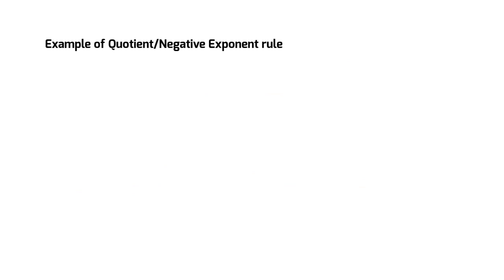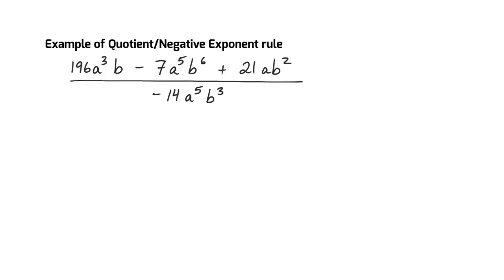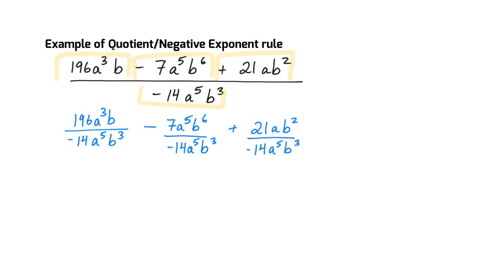Let's take a look at an example of what that looks like when we are simplifying polynomials. The first thing I notice is that my numerator is a trinomial. There are 3 terms in the top. Before I start to simplify, I want to separate these into 3 different fractions that have the same denominator because there's only one denominator.